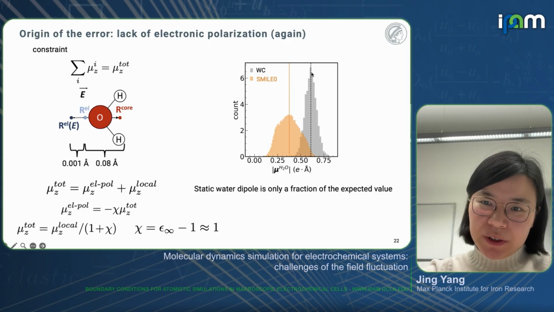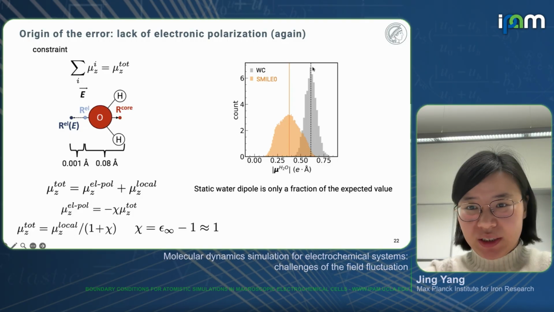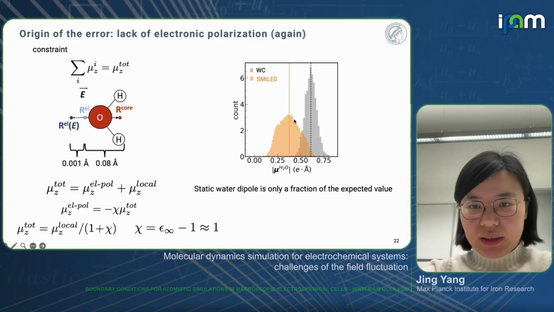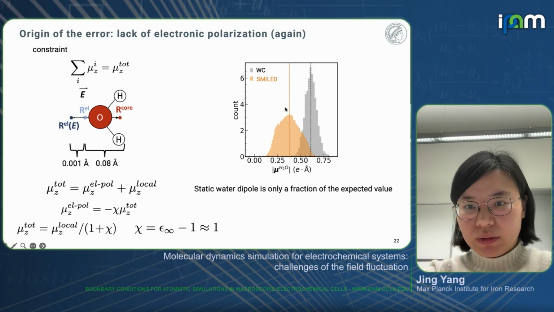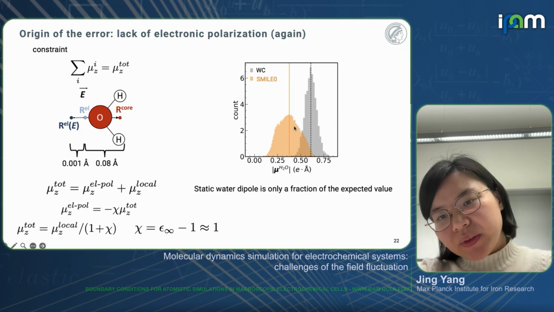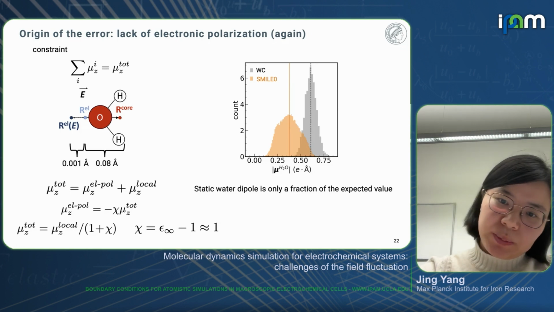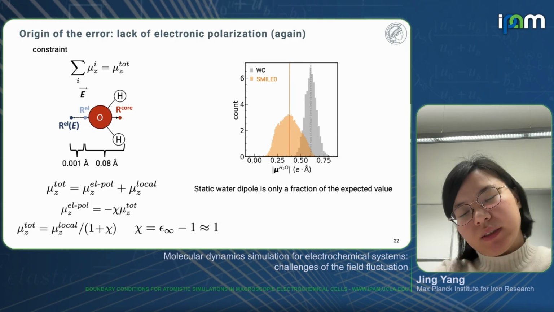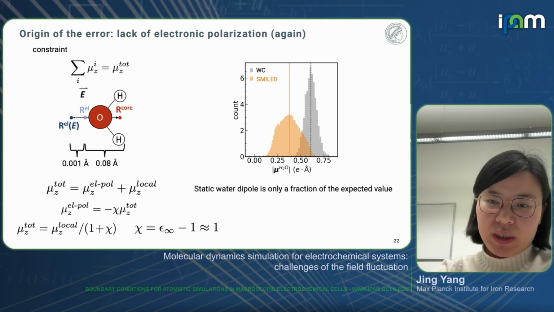So for water molecules in water, the average water molecule dipole is supposed to be around 0.6. But here you can definitely see that the SMILE 0 model gives you only a fraction of that. So this explains why when we plot the electrostatic potential, the SMILE 0 water gives you a very weak screening behavior.